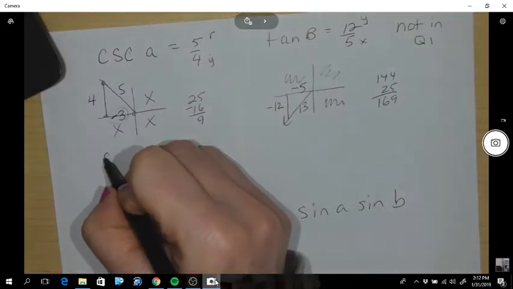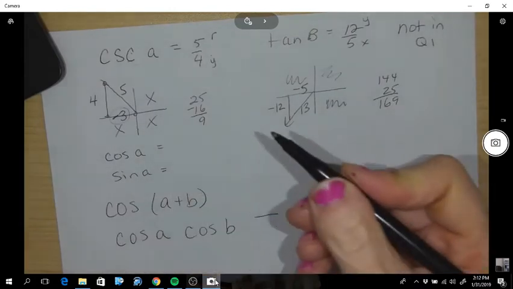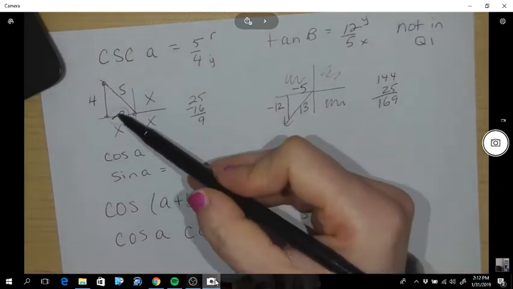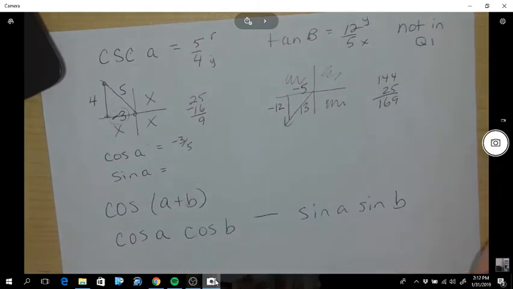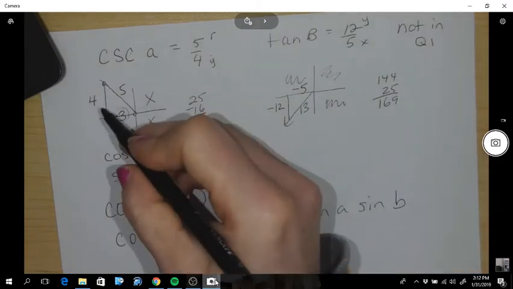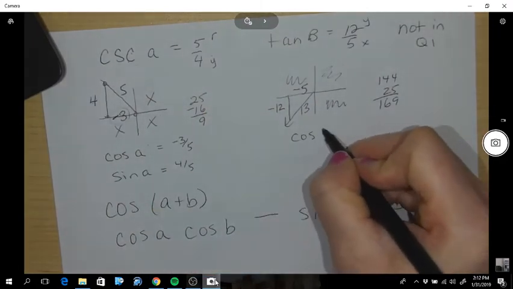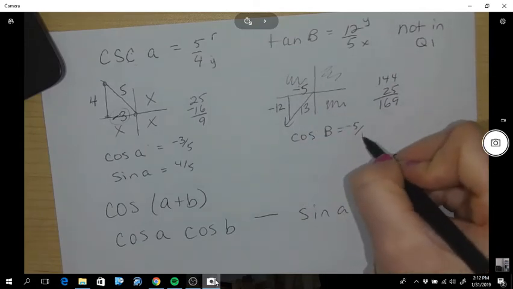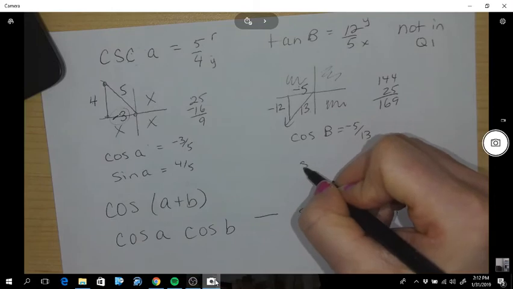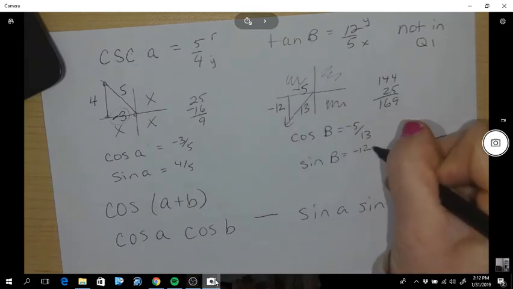So let's go cos of A, sine of A. Okay, so the cos of A is negative 3 over 5, and the sine of A is 4/5. Cos of B would be the XR, so negative 5/13, and the sine of B is Y over R.